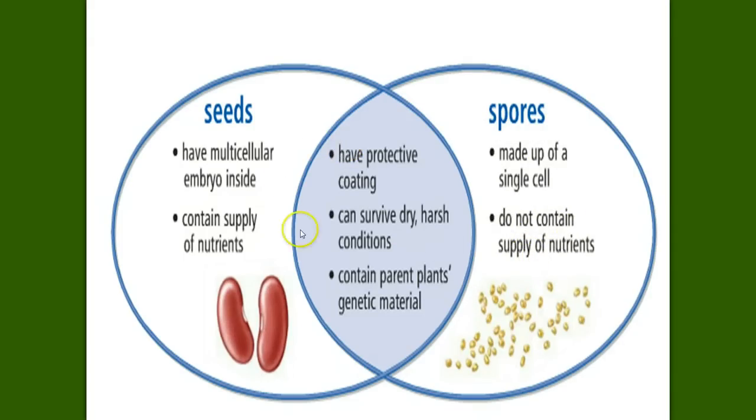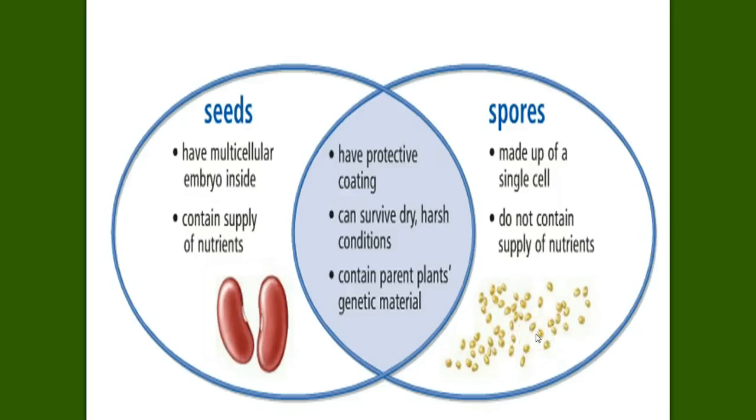And what do they have in common? They both have a coating to protect them. They both can survive harsh conditions. They both contain the parent plant's genetic material. So they're just like their moms and dads. If they have a parent plant, they're just like them. But look at the size difference. Seeds are bigger and spores are very small.